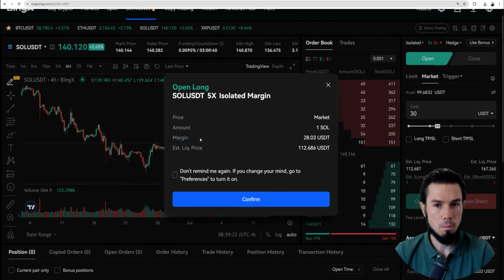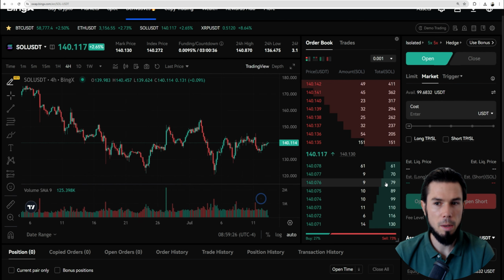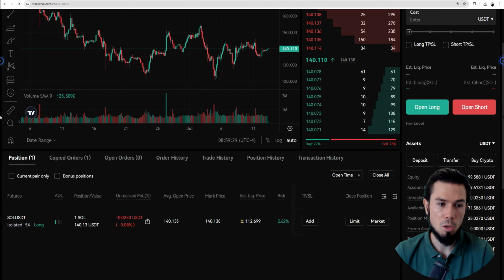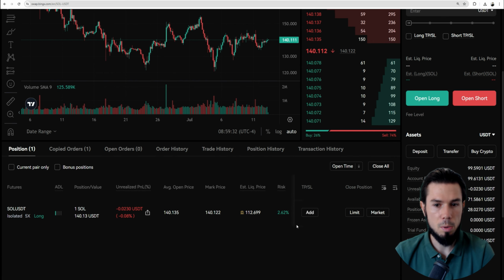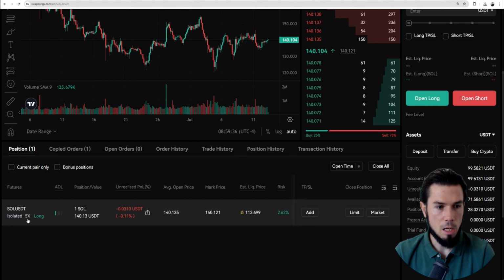Price, amount, margin, and estimated liquidation price. Beautiful. Confirming that. Market order filled, because it's a market order, so it's getting filled 100%, and this is where we are. 5x isolated long, position value 1 Solana representing $140. This is the average order price.